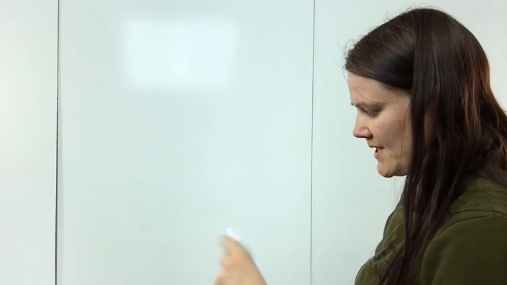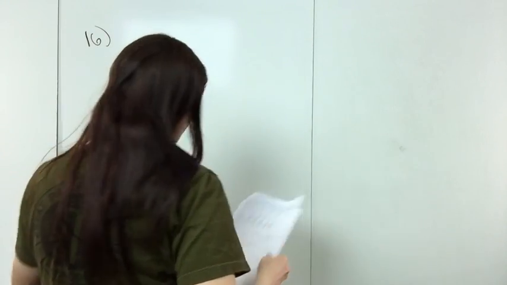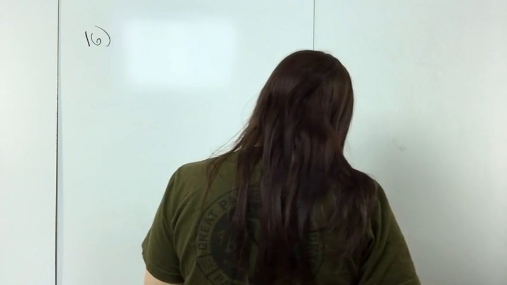So for number 16, remember I said I was skipping 14 because it's really similar to 10, and for 15, you don't need to know that for the exam. So 16, it says the first order reversible reaction.